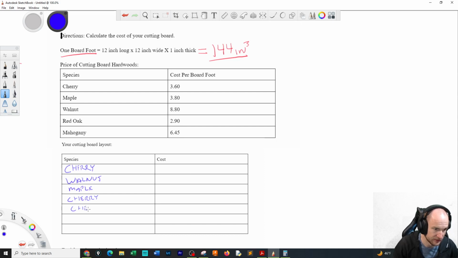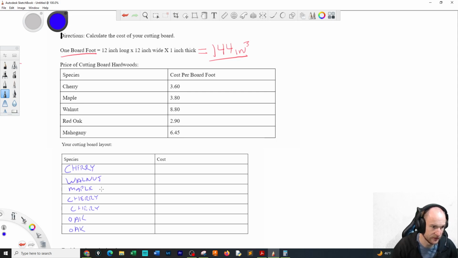Cherry, and 1, 2, 3, 4, 5. And let's say I've got 2 oak strips, and these ones will be smaller.